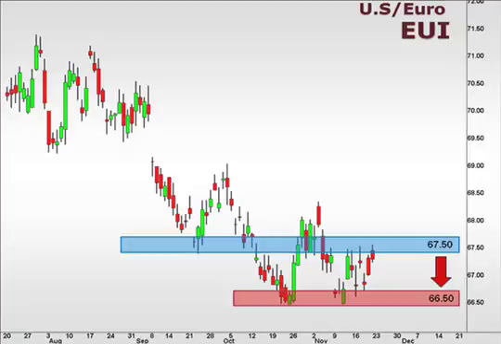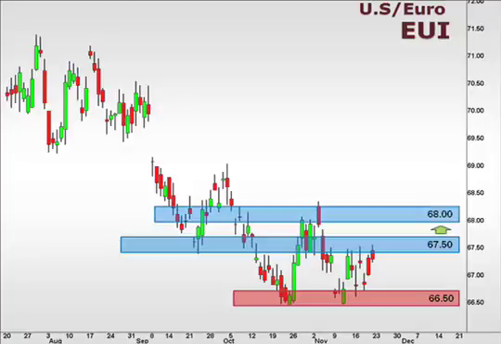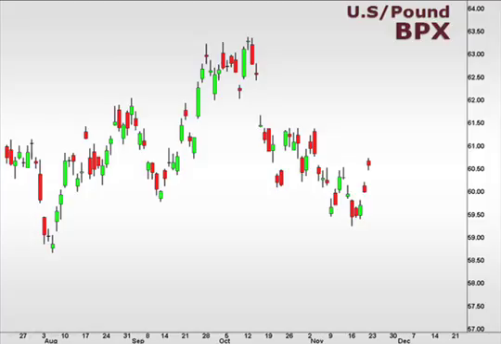If we do happen to break this 67.5 level, 68 is a near-term resistance, so there's not a lot of upside past 67.5. Now, if we do see a push beyond 68, that opens the window up for a more robust U.S. dollar rally against the euro.